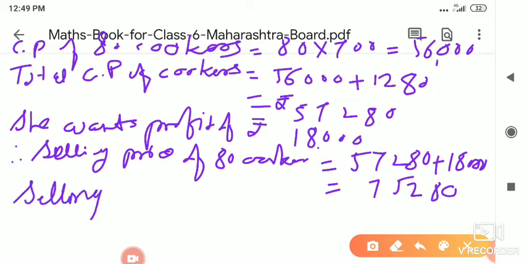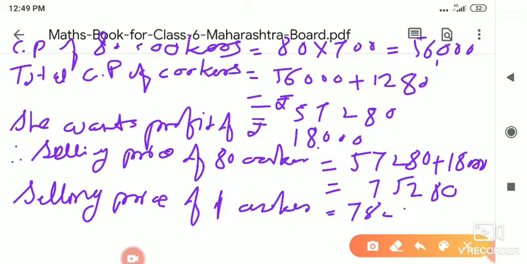The SP of one cooker is equal to 75,280 divided by 80, and when you solve this, the answer you will get is 941, the SP of each cooker. So that division I will show you here in short.